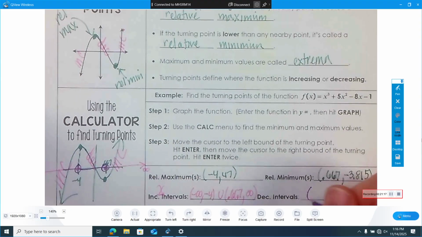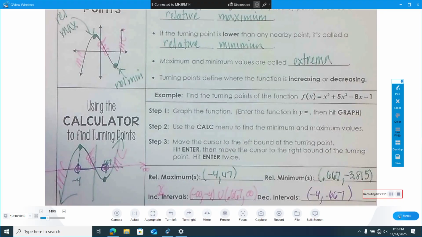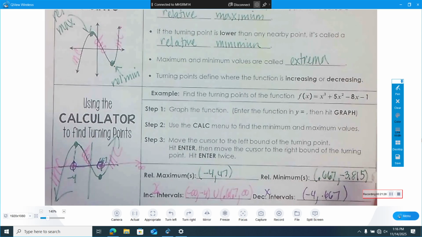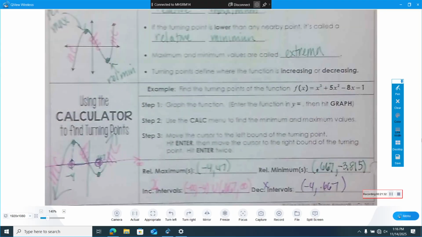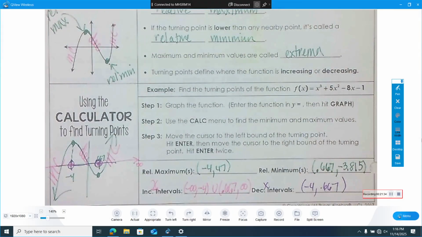From -4 to 0.667, we are decreasing. And again, that is x intervals. We only care about the independent variable. All right. How do you feel about that? That's pretty easy, yeah?